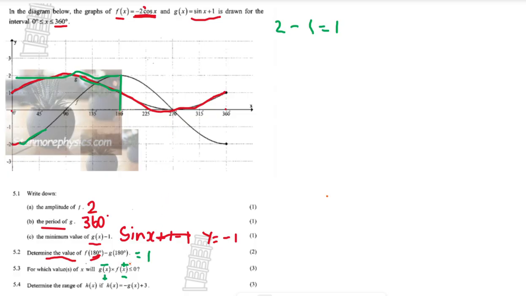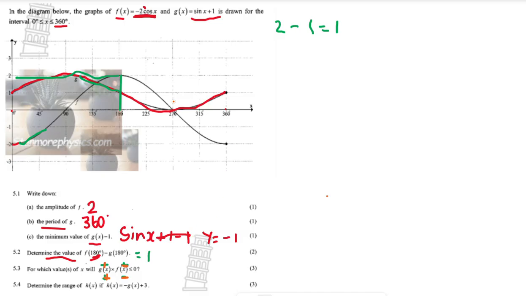And then when we look at our f graph, we have two scenarios: where g of x is positive and f of x is negative. So those are our two scenarios.